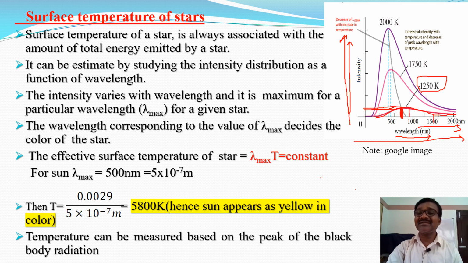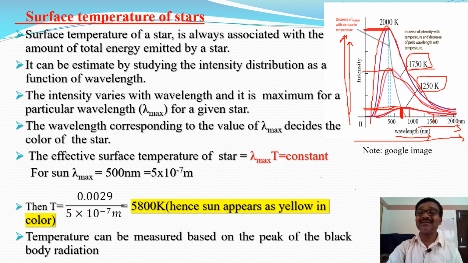As the temperature of the same body increases to around 1715 Kelvin, the intensity peak increases. In addition, the peak shifts, that means displacement takes place. The lambda peak undergoes displacement. For a temperature of 2000 Kelvin, the most intense radiation is here.